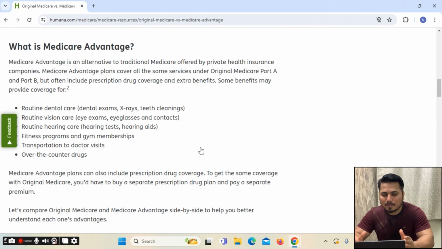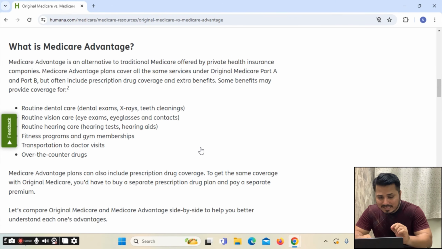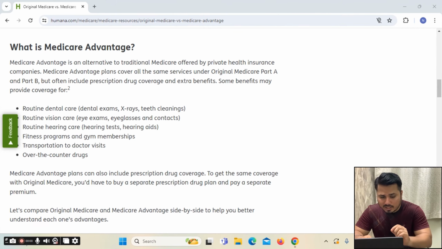Some benefits may provide coverage for routine dental care, that is, dental exams, x-rays, teeth cleanings, routine vision care, that includes eye exams, eyeglasses, and contacts, routine hearing care, hearing tests and hearing aids, gym memberships, transportation to doctor's visits, over the counter drugs.